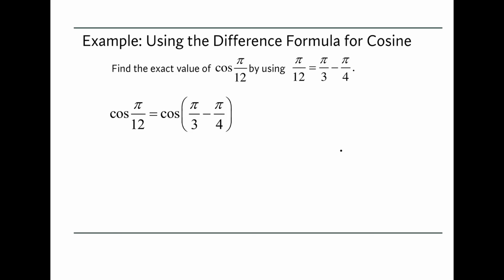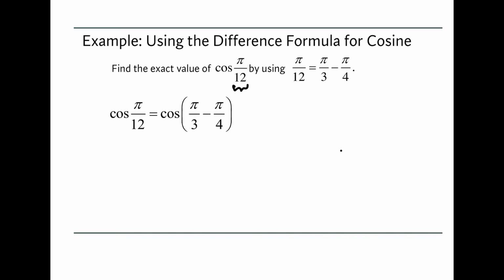So we look, for example, at the cosine of pi over 12. Pi over 12 is not one of my known values, but we can write it as a difference: pi over 3 minus pi over 4. If you remember, pi over 3 is 60, pi over 4 is 45, so 60 minus 45 is 15.